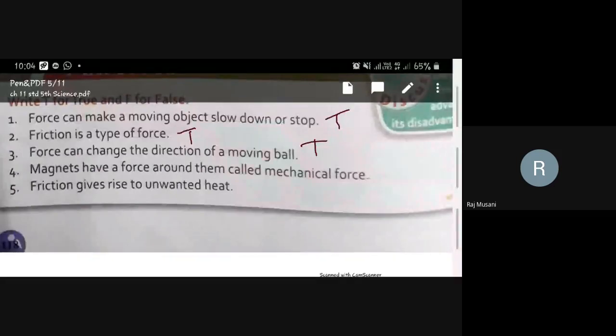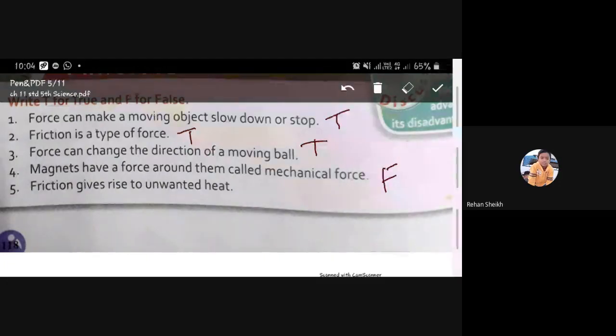Is the answer true or false? False. The force in a magnet is called magnetic force, not mechanical force.